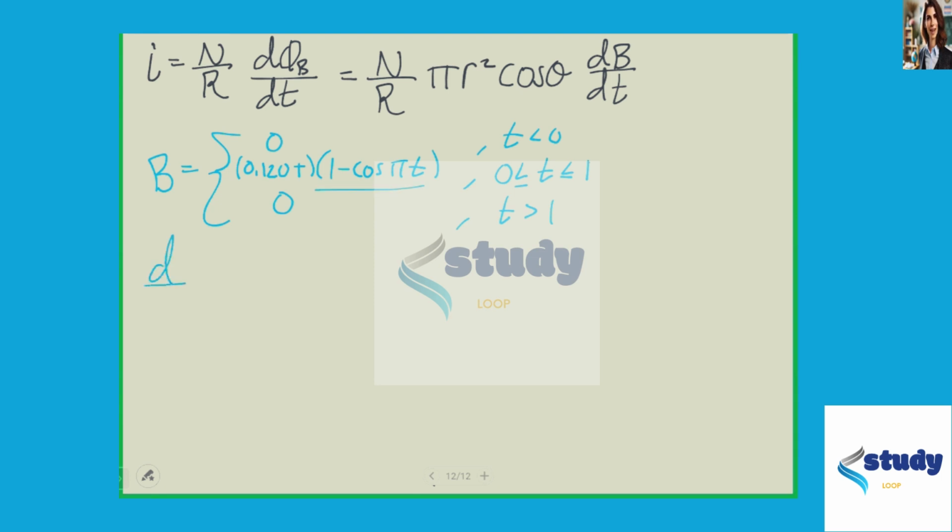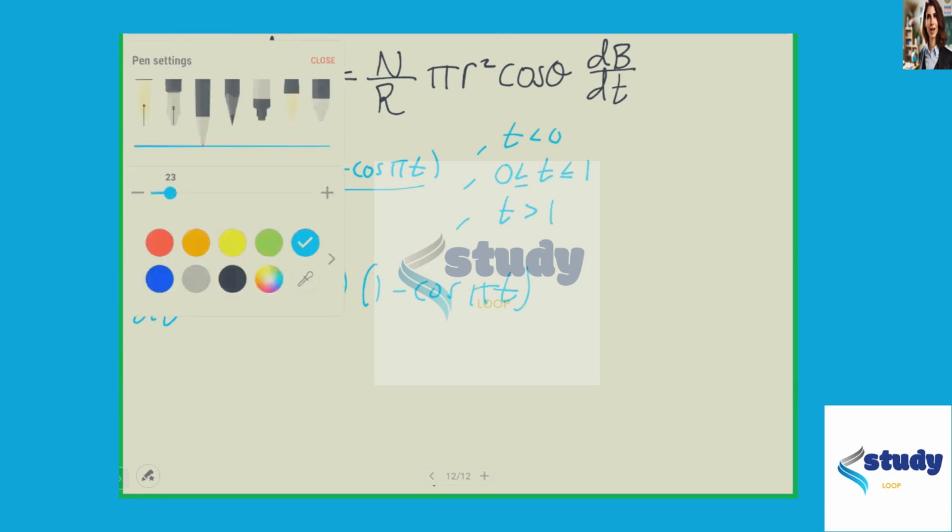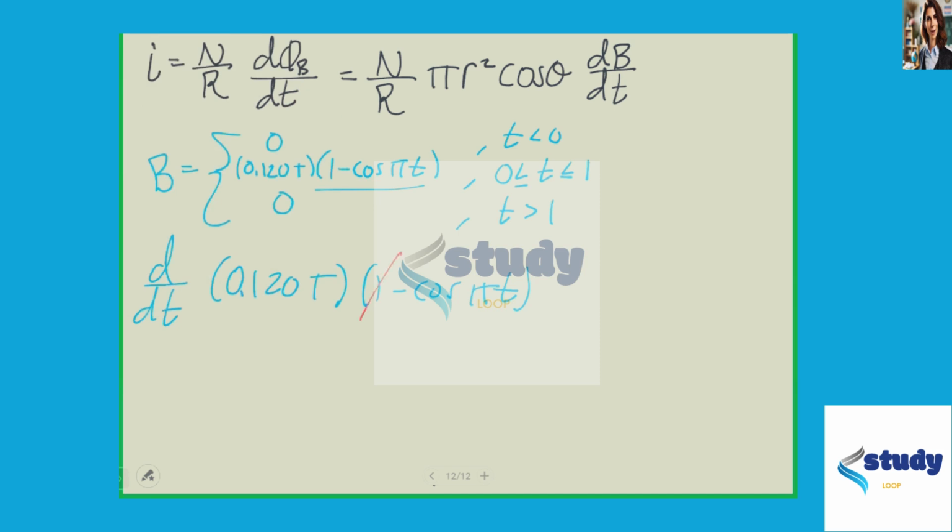So the derivative of 0.120t times 1 minus cos pi t, well, first of all, the derivative of 1 is 0, right? So that goes away.